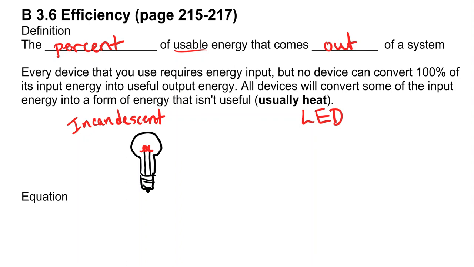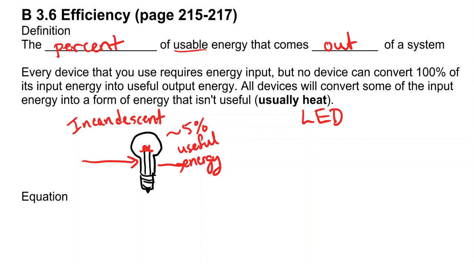In an incandescent light bulb, usually only about 5% useful energy comes out of it. So we're going to have energy going in, usually that's electricity, right? And then we're going to have energy coming out, and only about 5% of the energy that we put in, we get out as useful energy.